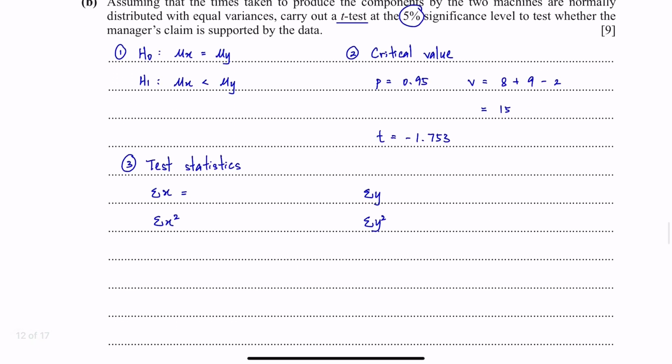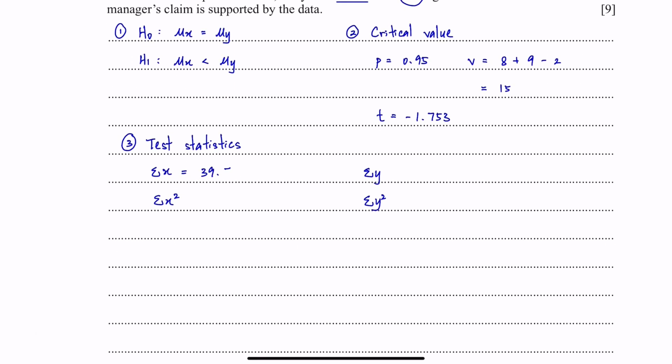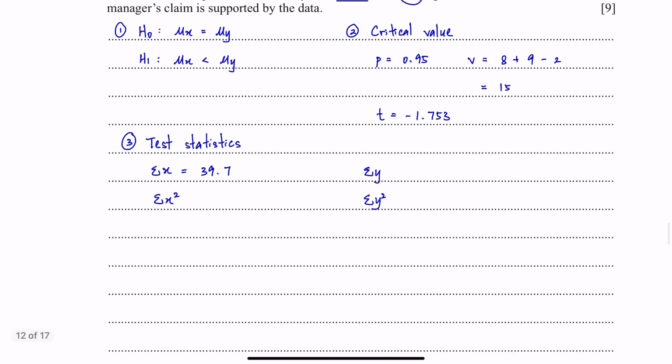So we would get 39.7. And for the sum of x squared, we square each of the numbers and we add all of them together. So we would get 199.33. And for y, we do the same thing for the values of the y sample. So we have 49.5 and 275.47.